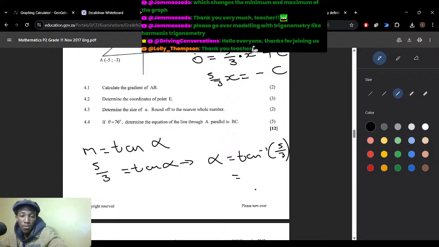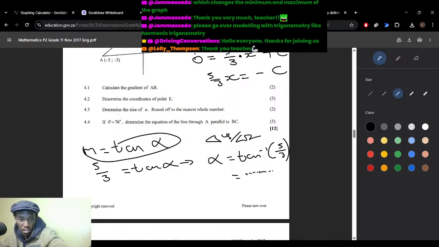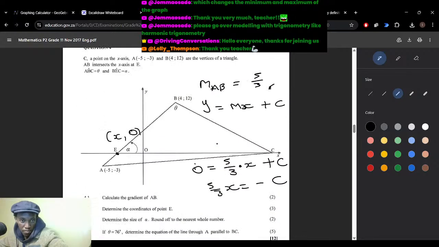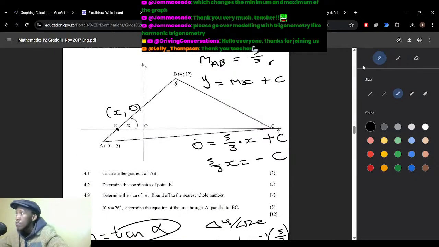It will give you a certain value which I am not sure of, but this is the way to calculate alpha, right? Using the other equation, this equation here, not this one, right? And then you round off to your nearest whole number.